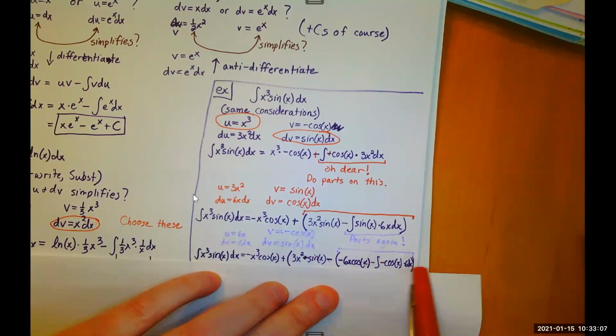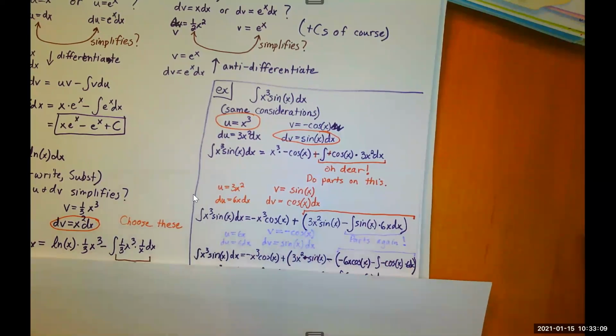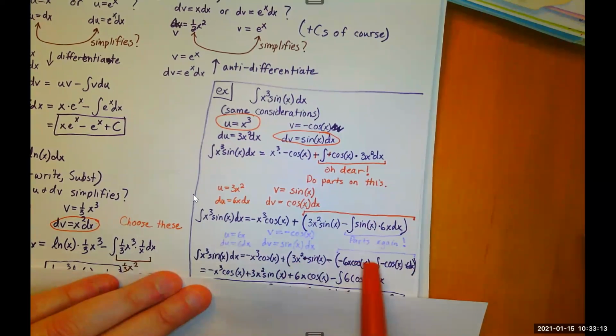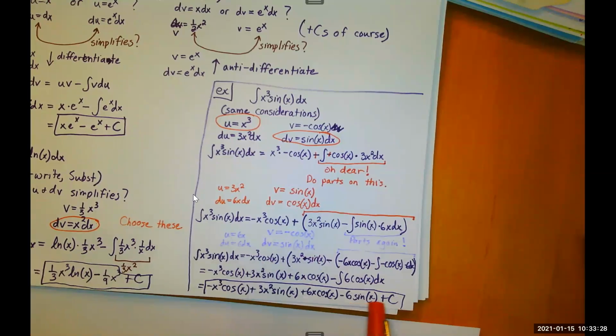This is finally an antiderivative I can do. So I distributed all of my negative signs to make sure everything was going to be good. So I've got a positive term, a positive term, a positive term, and then a negative, negative, negative, negative term. Antiderivative of 6 cosine of x dx is 6 sine of x.